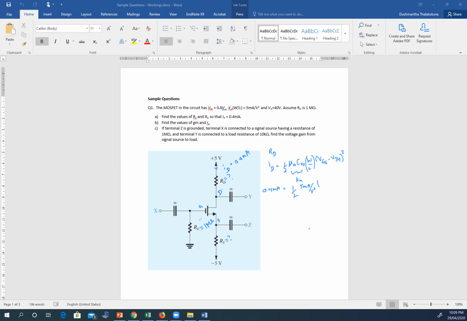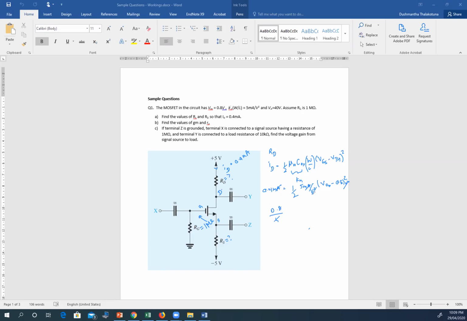VGS is something that we don't know. That's the VGS here. We're going to find it out first. And then VTH is 0.8, and that's squared. So when you get 0.8 divided by 5, the milliamps cancels out, and the volt squared units cancel out.